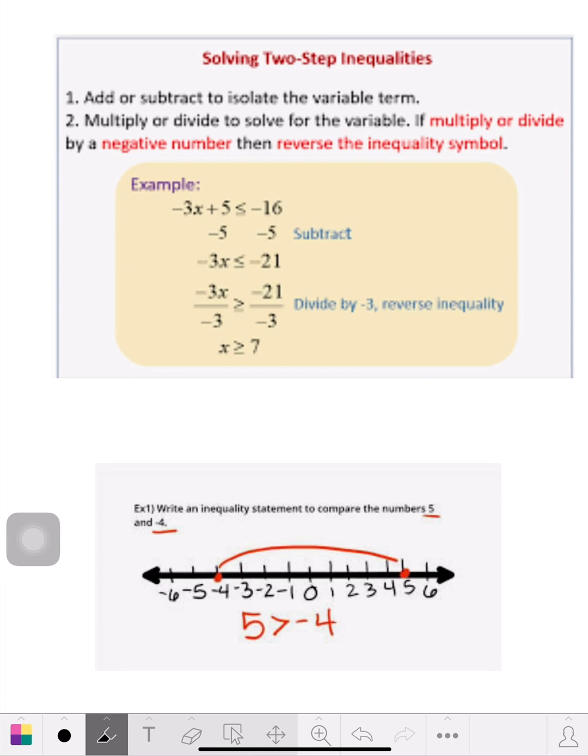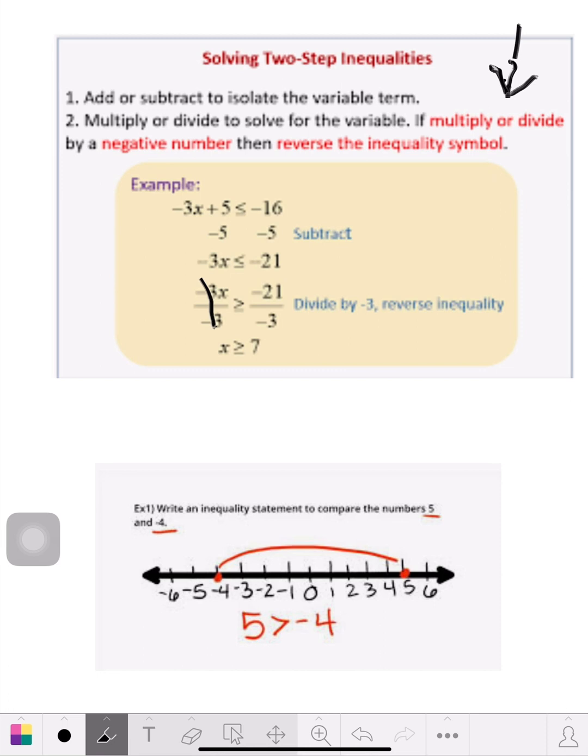Now, we still have to get rid of the negative 3, okay? Up here it says, if you multiply or divide by a negative number, you got to change, you got to reverse this sign. Flip it, I guess. That's another way to put it. Reverse it, okay? So we have negative 3 divided by negative 3, and we get rid of the 3s.